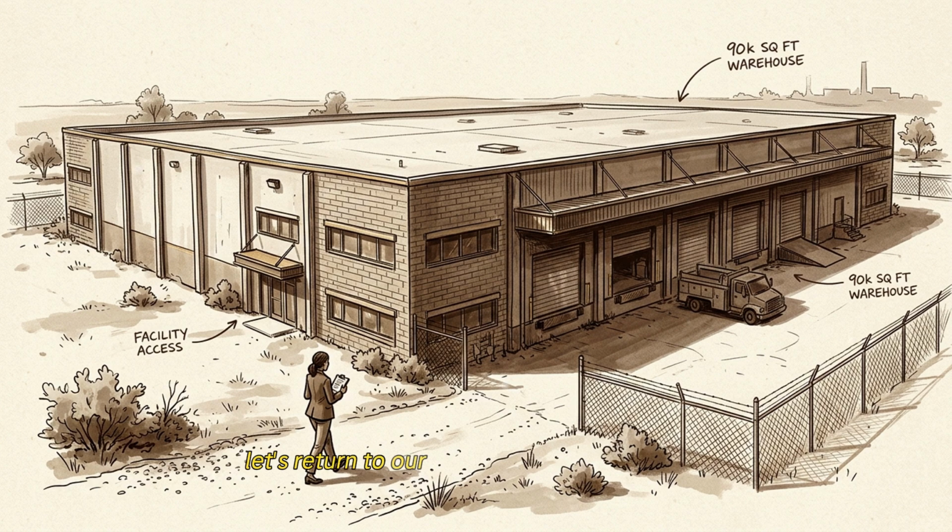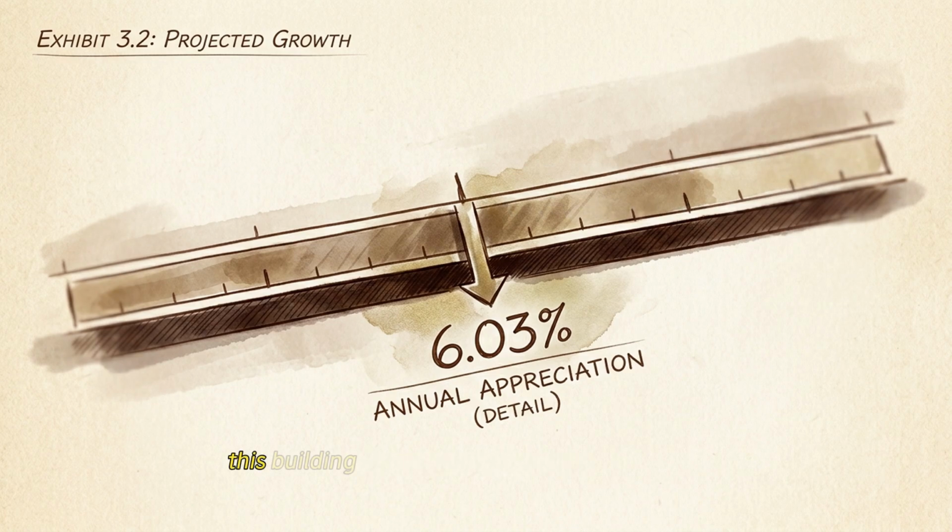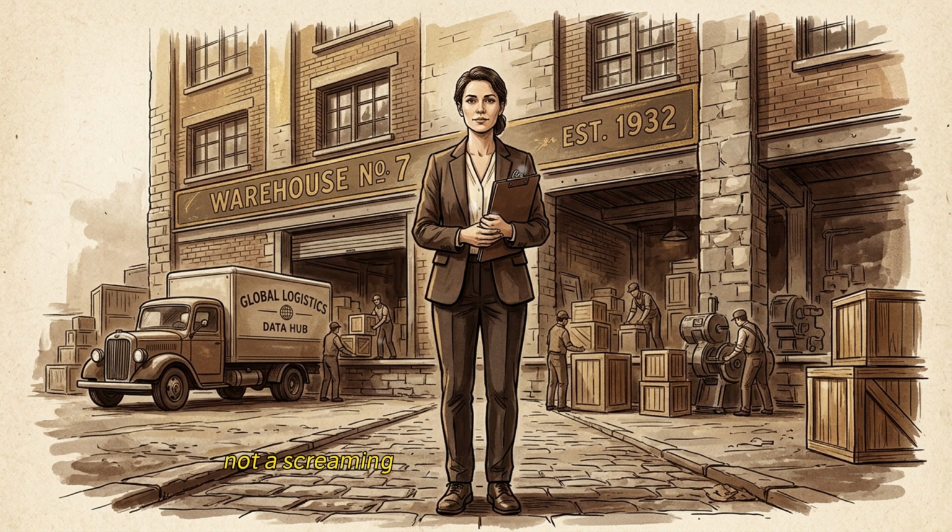Let's return to our warehouse one more time and finish the story properly. At 6.03%, against a market range of 5.5% to 7% for comparable assets, this building sits right in the middle of fair value. Not a screaming bargain, not an obvious overpay.